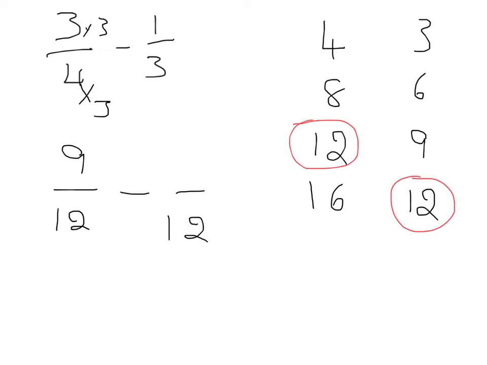How did we get from 3 to 12? We had to multiply by 4, so we're going to do the same to the top. 4 times 1 is 4. Bottom numbers are the same, so we can go ahead and do our taking away. 9 take away 4 is 5, and the bottom number stays the same.